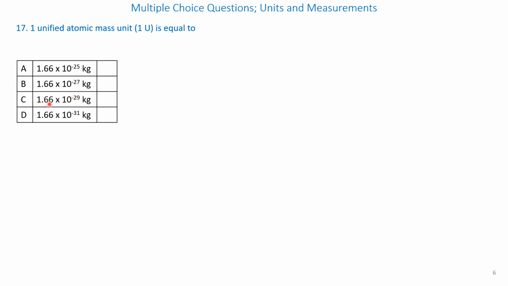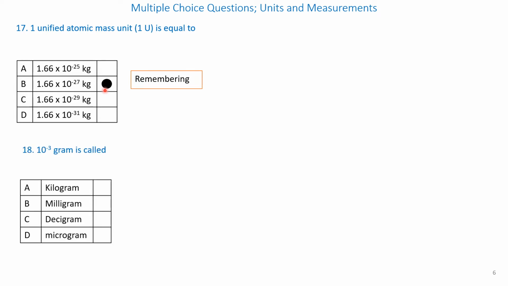Option C, 1.66 into 10 to the power of minus 29 kg. Option D, 1.66 into 10 to the power of minus 31 kg. You have to remember the correct value of unified atomic mass unit. So it is 1.66 into 10 to the power of minus 27 kg. You please mark option B as the correct answer.